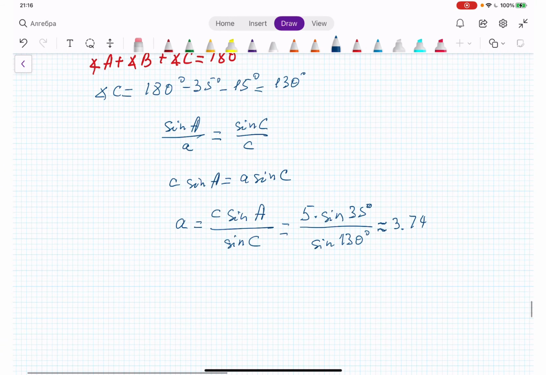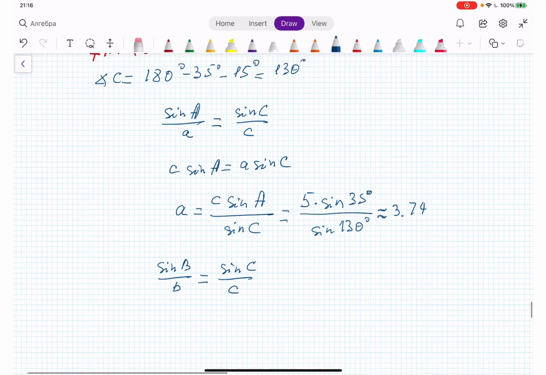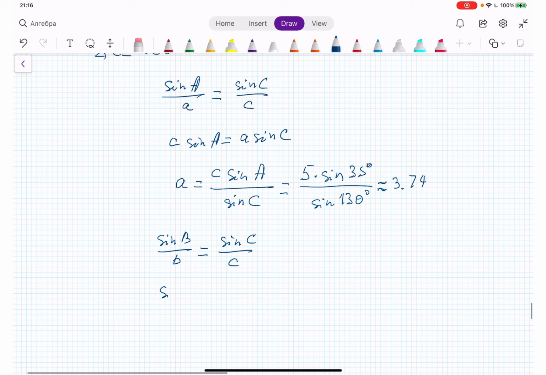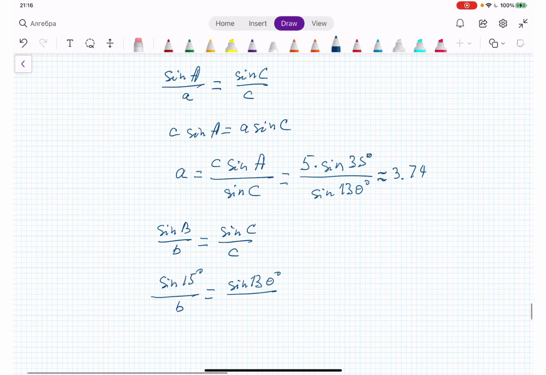So the same way we can solve for B. Let's do the proportion ratio. Sine B is related to B exactly the same way as sine C is related to C. Okay, sine 15 degrees over B is equal to sine 130 degrees over 5.